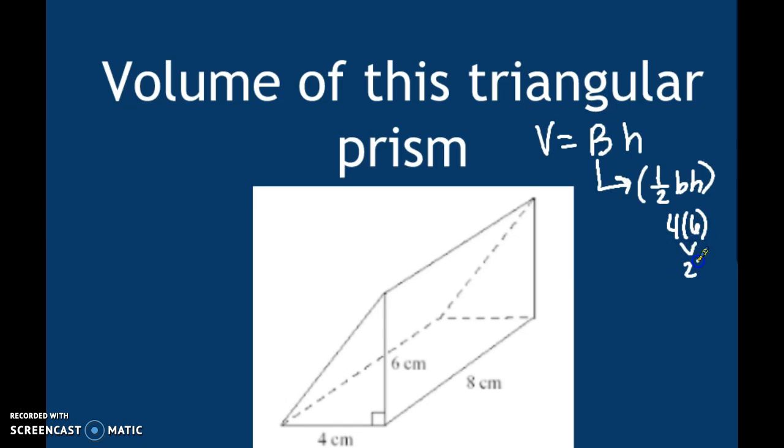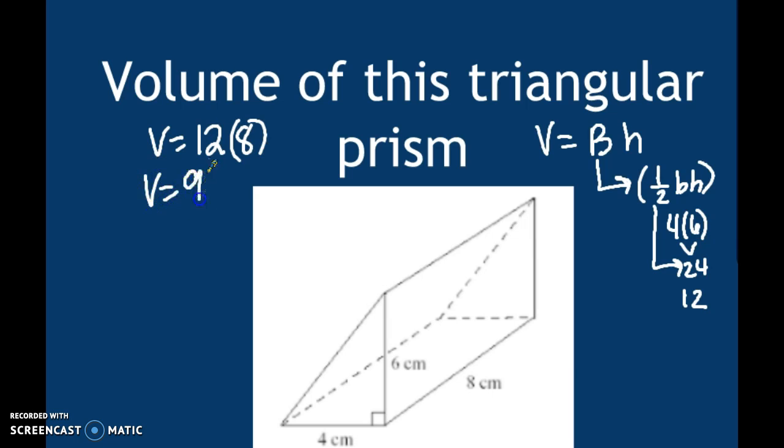So that's 24. And half of that is 12. So the area of the base is 12. And the height of the prism is 8. And 12 times 8 is 96 cubic centimeters.